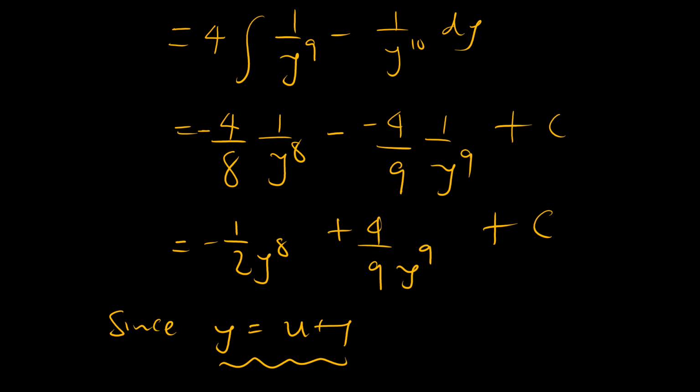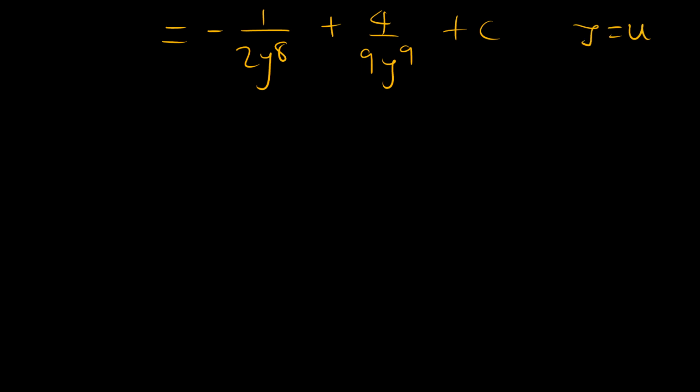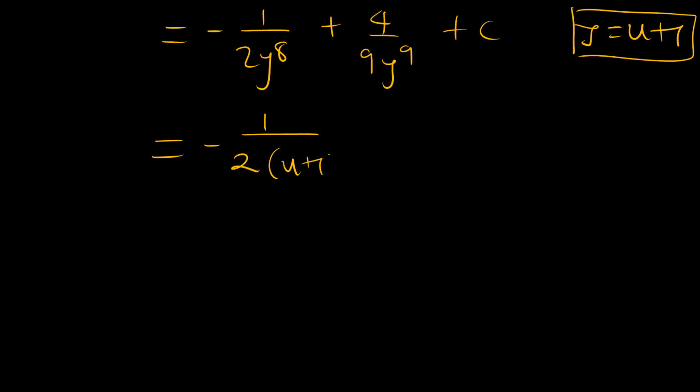So let's continue. Since our integral is negative 1 over 2 y to the 8 plus 4 over 9 y to the 9 plus the integration constant, and our substitution was y is equal to u plus 1, our integral in the u domain is negative 1 over 2 (u plus 1) to the 8 plus 4 over 9 (u plus 1) to the 9.